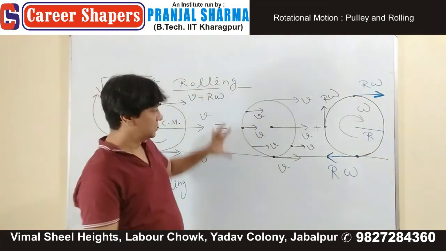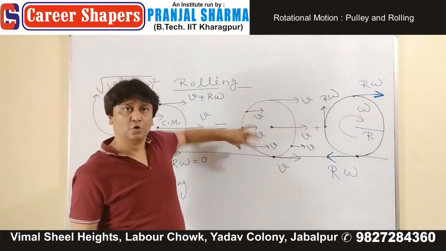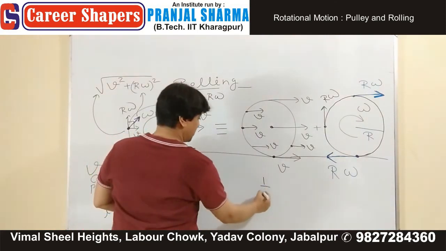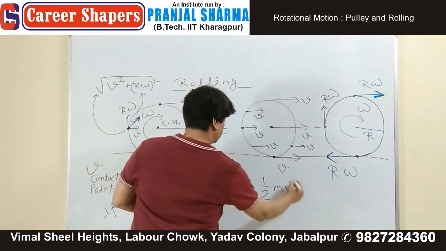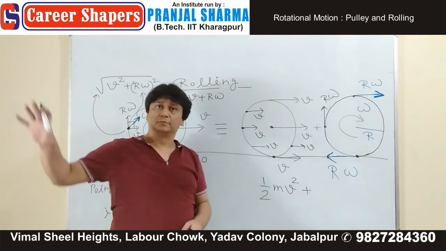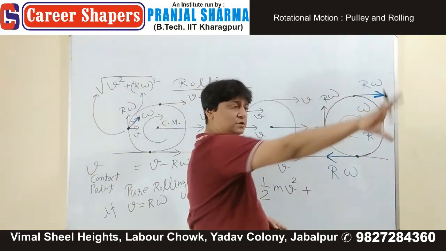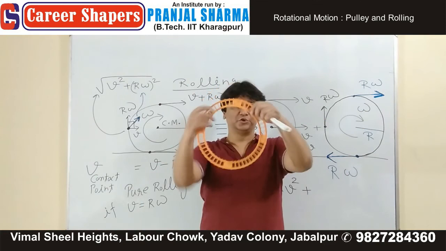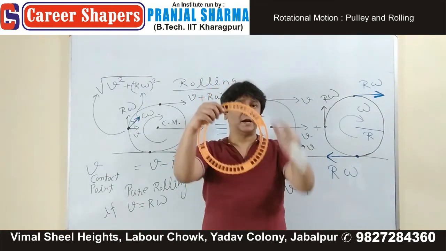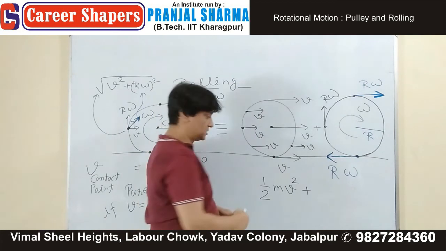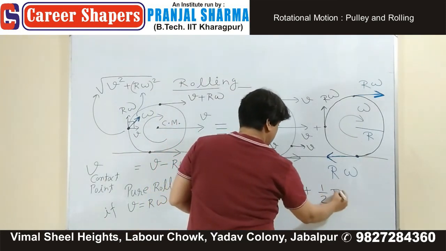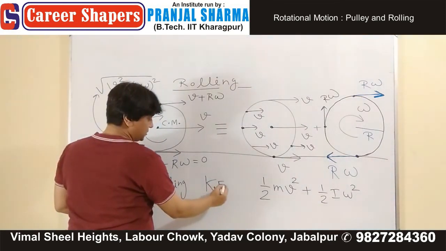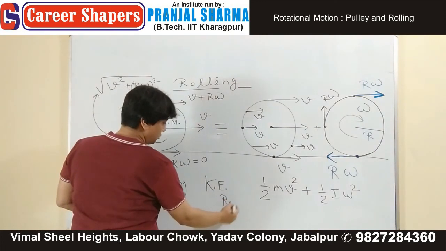This is translatory. No rotation, only translatory. Translatory means how much kinetic energy? Half mv square. A body is only moving like this. That's the kinetic energy. And what was the kinetic energy in rotational motion? How did we write kinetic energy in rotational motion? That was half I omega square. So this is the kinetic energy during rolling.